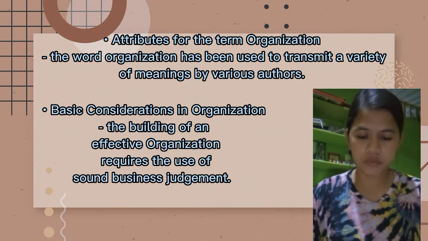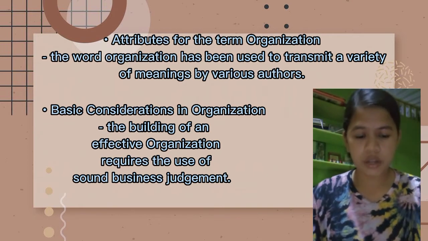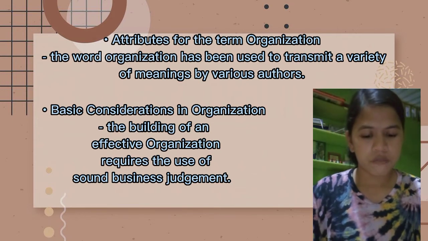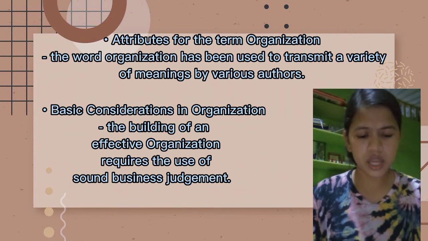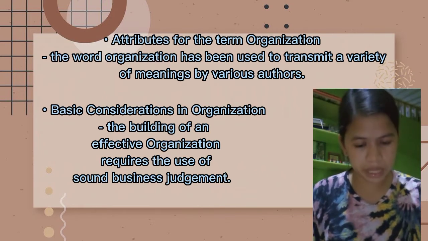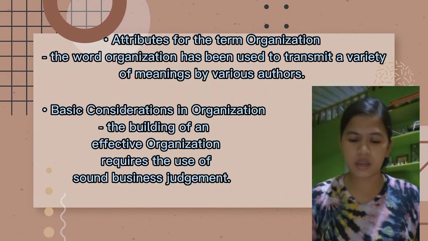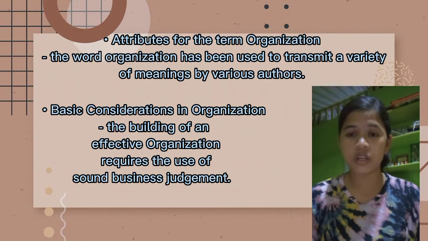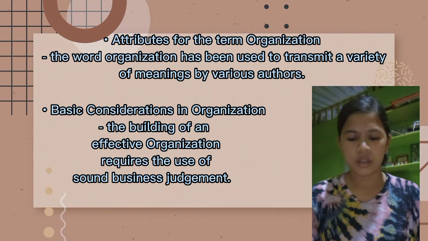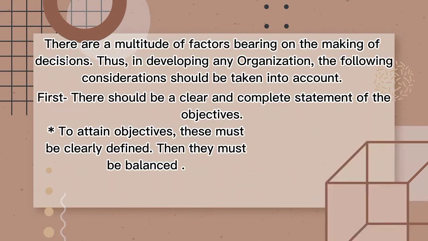The other school of thought emphasizes the conception of an organization as the relationship between the various functions and factors, and within that relationship, the process takes place as desired. When we think of organization, therefore, we should have a clear mental picture of whether we are referring to the process or to the relationship.